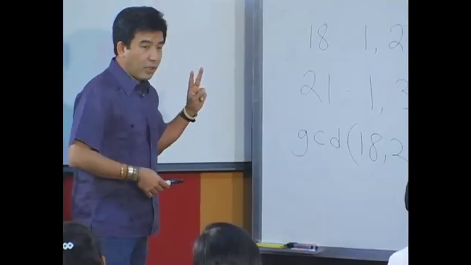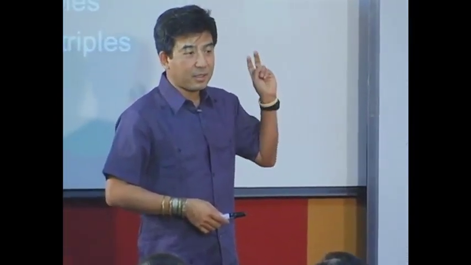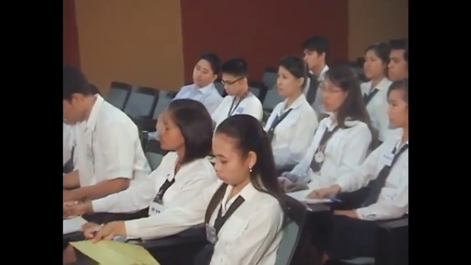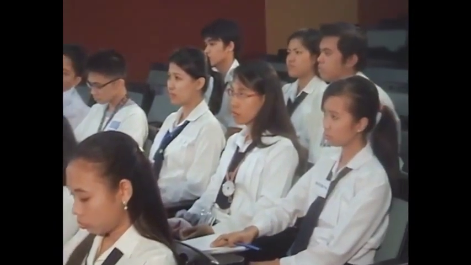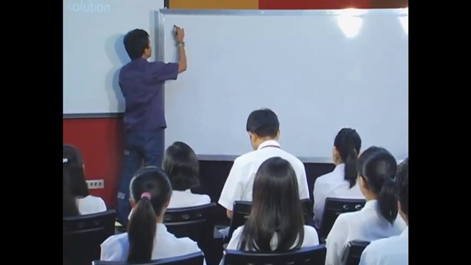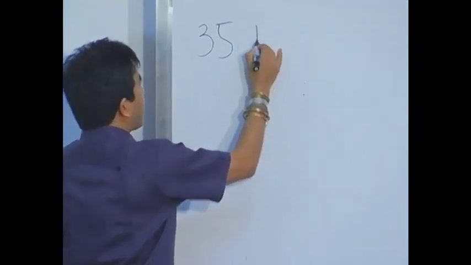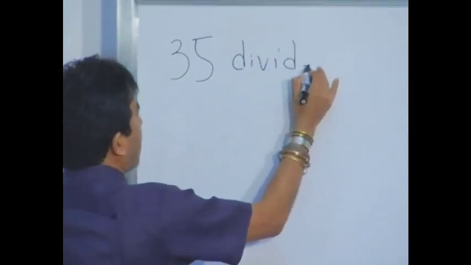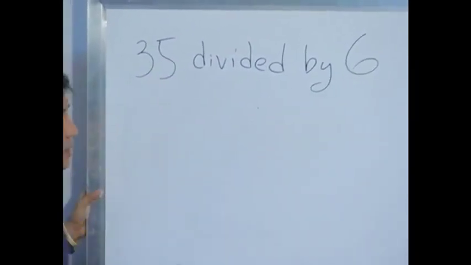Again, the concept of GCD is very important for the study of numbers and their equations. This is why I'm beginning this lesson by talking about the GCD. So when we divide two numbers, let's say, let's divide 35 by 6.